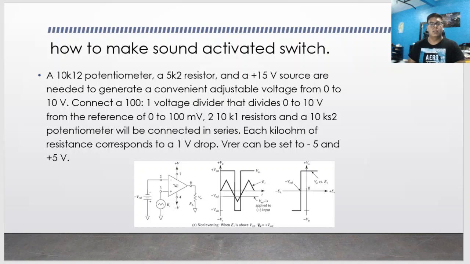How to make a sound activated switch? Some sound activated switches with op amps need resistors, potentiometers, and a power supply of 15 volts that generates a convenient adjustable voltage of 0 to 10 volts, connected to a voltage divider of 1000 to 1 that divides the voltage from 0 to 10 volts to a difference of 0 to 100 millivolts, controlled by the resistors.